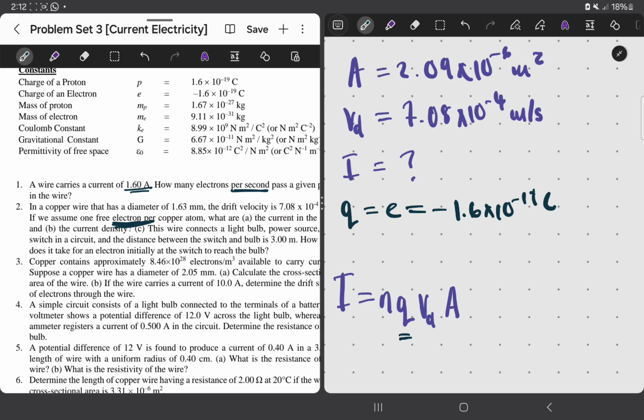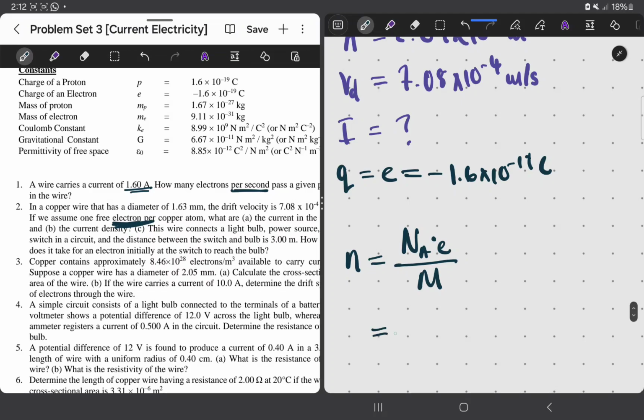N is the only thing which we are missing, which we are going to have to get now. Before we apply this formula, we're going to get N. You would have put the formula with a pen: I is equal to N Q VD A. That's the one I'm going to use, but you can see that we don't have N, so let's find it first. Remember, we said N is going to be Avogadro's number times the density, then divided by molar mass.